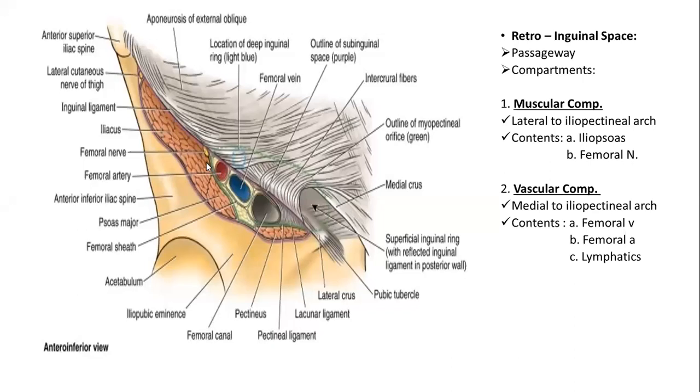And medial to iliopectineal arch is the vascular compartment containing femoral vein, femoral artery, and lymphatics. So I hope this point is clear to everybody.